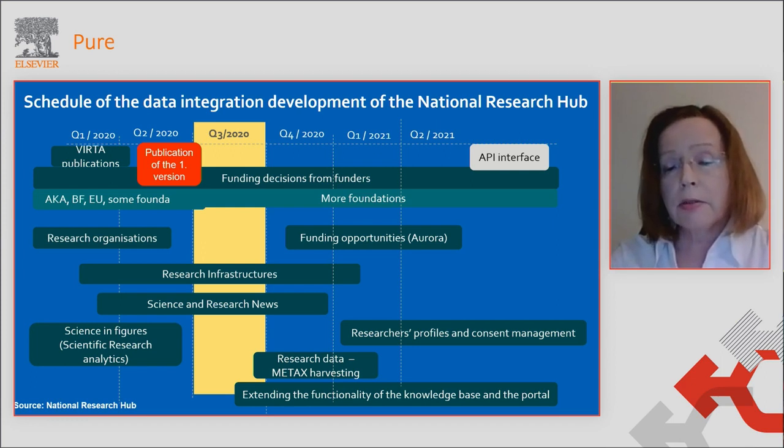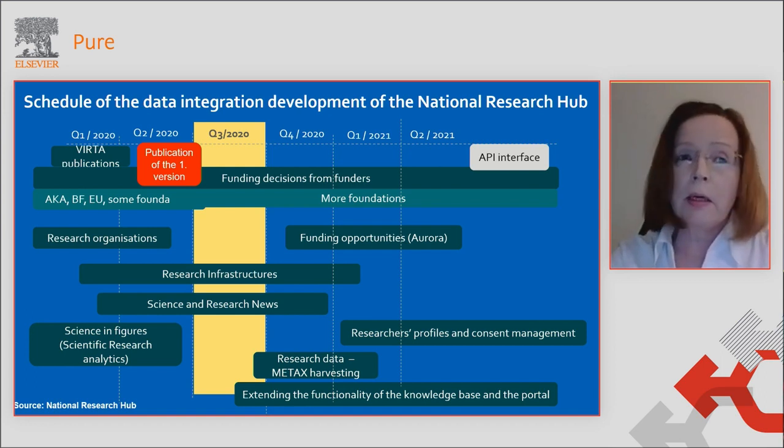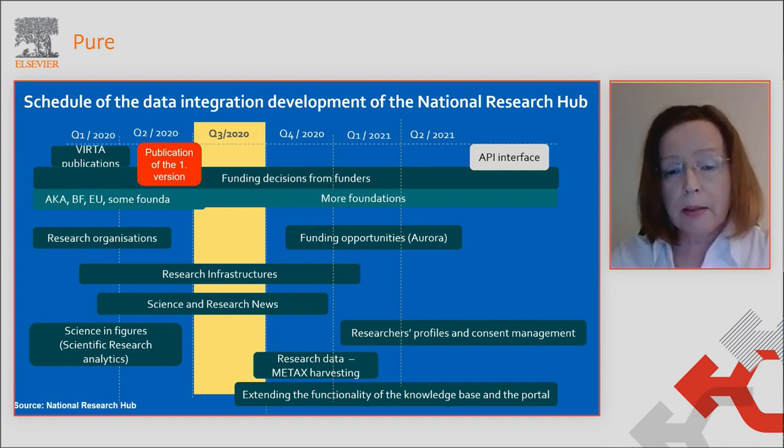Funding decisions are synchronized from different funders, for instance, Academy of Finland, Business Finland, EU, and foundations. And research data will be harvested from the National Data Service, METAX, and other sources.